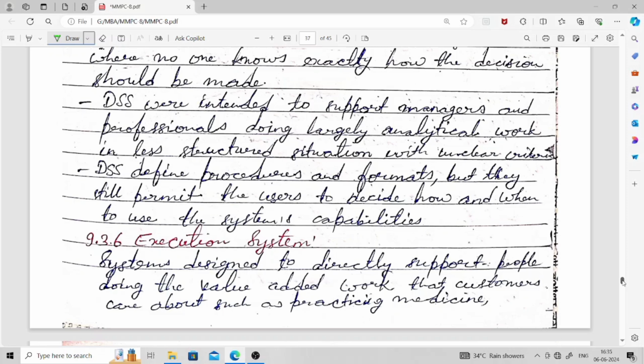And DSS define procedures and formats, but they still permit the users to decide how and when to use the system's capabilities. It means DSS does not make decisions on its own. It only supports the decision makers in procedures and formats, but the ultimate decider is the one who decides. Ultimately, managers decide.